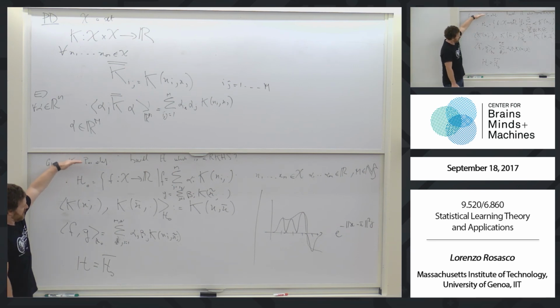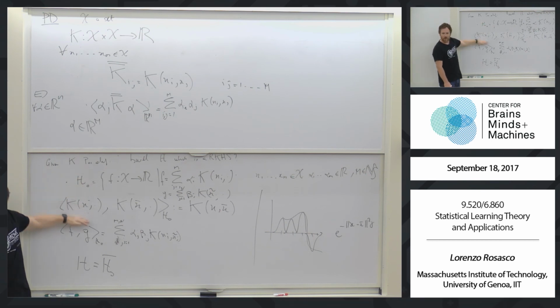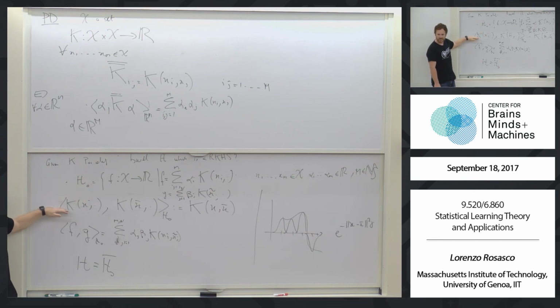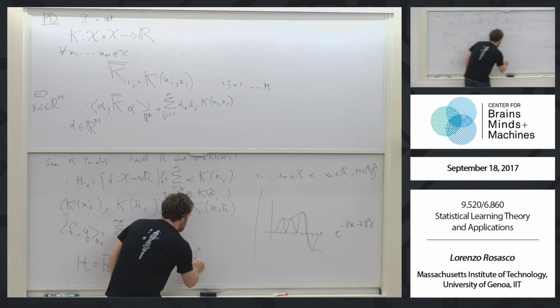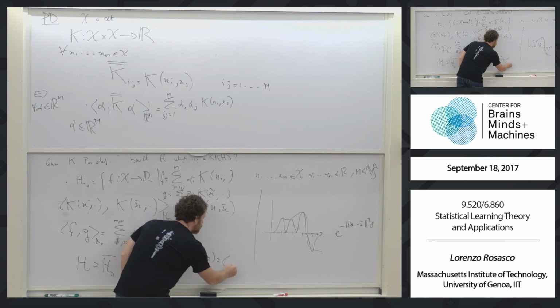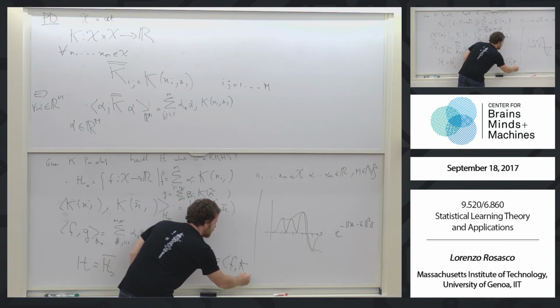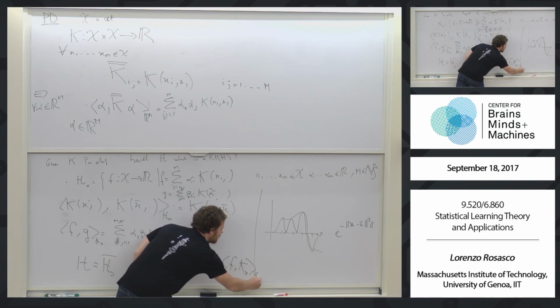So what I showed you up to now is that this is a Hilbert space. You can check that by construction it is always a reproducing kernel Hilbert space, because the function k_x belongs to the space by construction. And if you now take f of x, you can always write it as this.